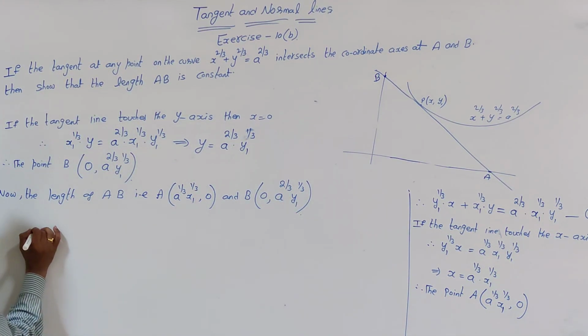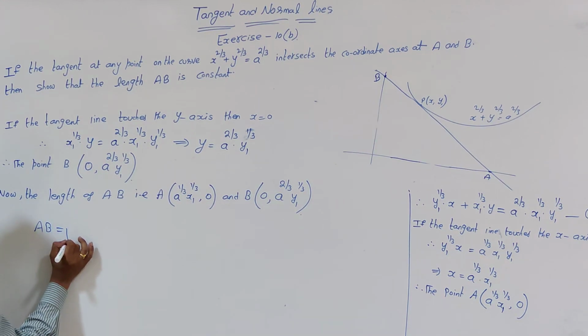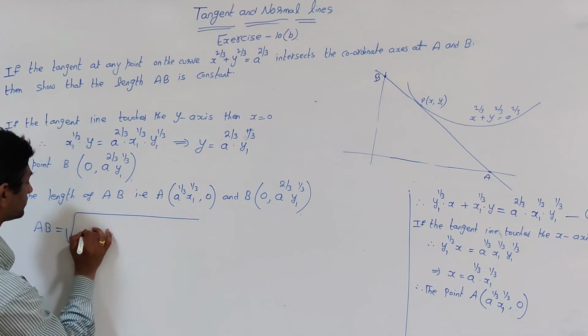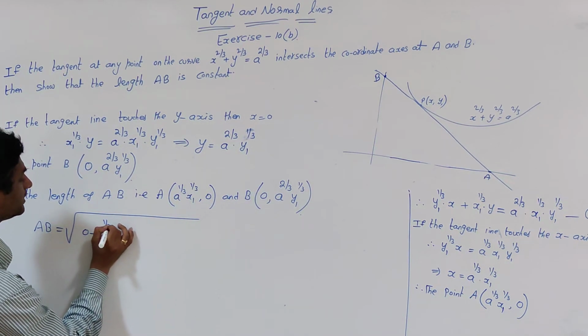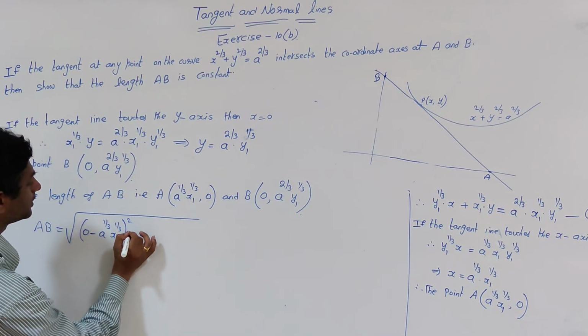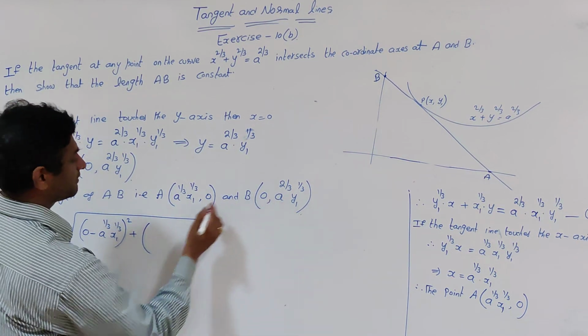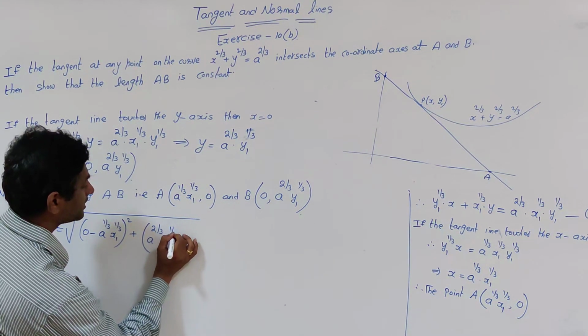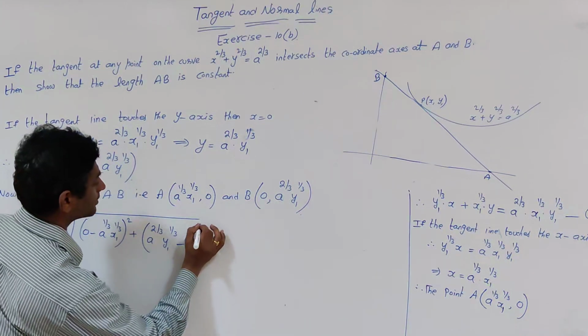Now apply the length to AB. AB is equal to square root of x2 minus x1 whole square, 0 minus a to the power of 1 by 3 x1 to the power of 1 by 3 whole square, plus y2 minus y1, a to the power of 2 by 3 y1 to the power of 1 by 3 minus 0 whole square.